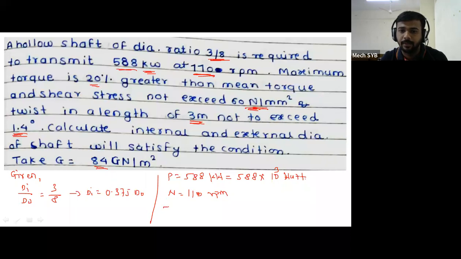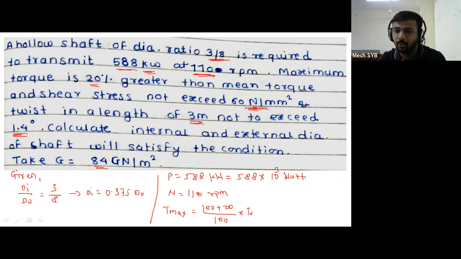Then Tmax is equal to (100 plus 20) divided by 100 into Tmean, that is 1.2 into Tmean. Okay. Then shear stress tau is equal to 60 Newton per mm square.